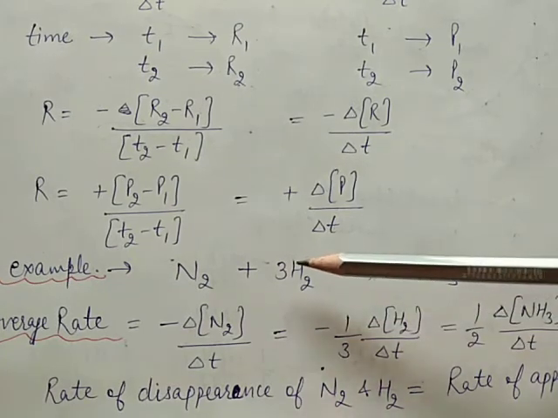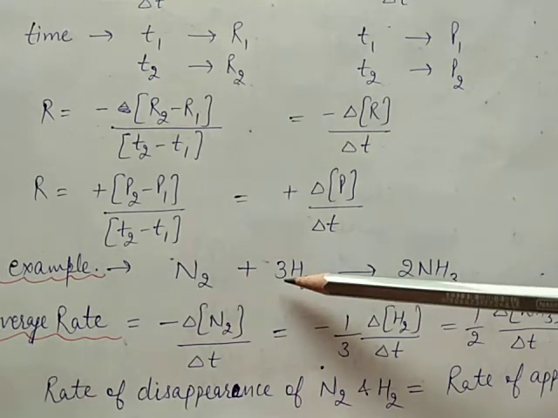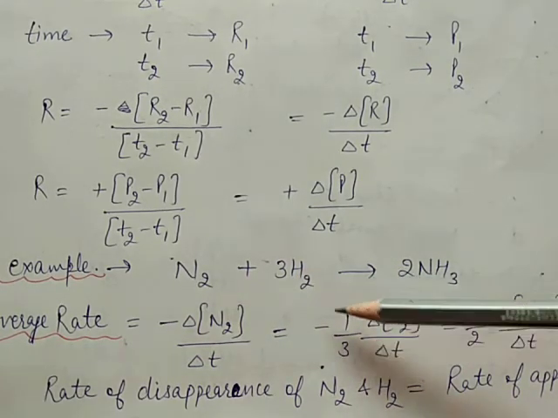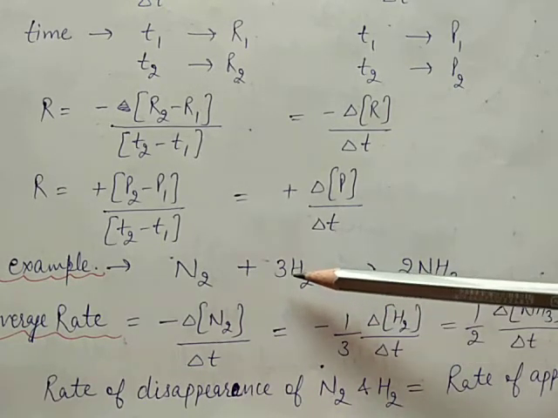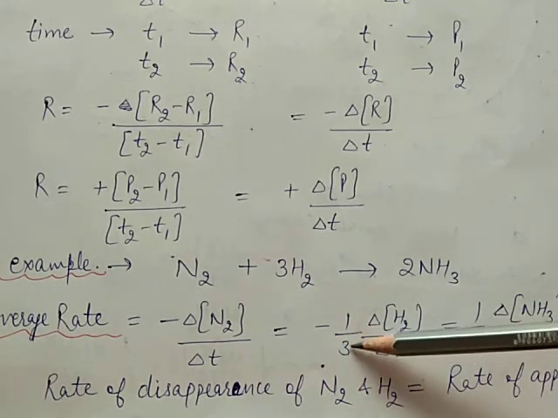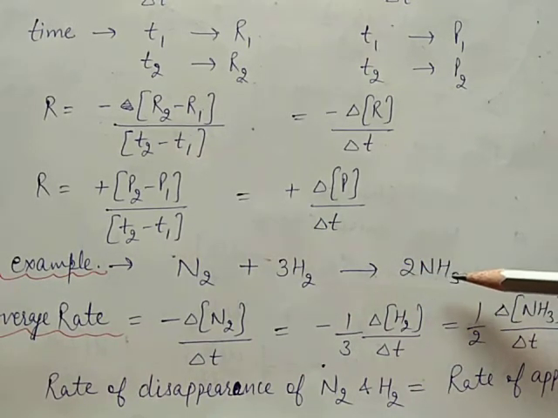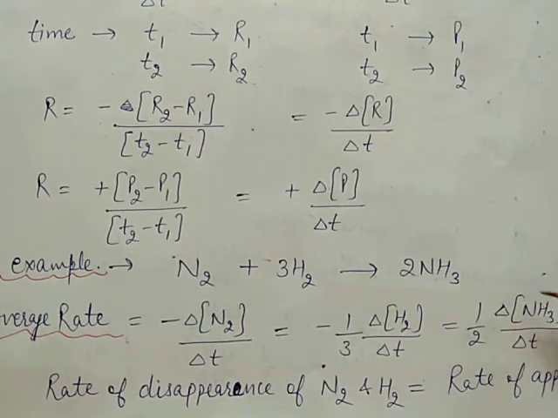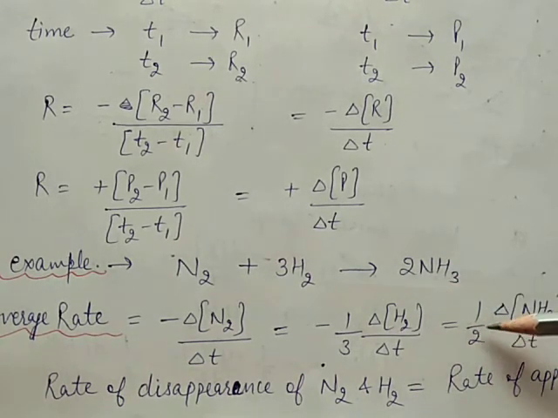Minus sign because it is also a reactant, meaning a decrease in concentration of reactant. And here 3 is the coefficient, so it is divided by 3. Same in this case, product NH3 is formed, delta concentration of NH3 divided by delta t. Here it is divided by the coefficient, which is 2.